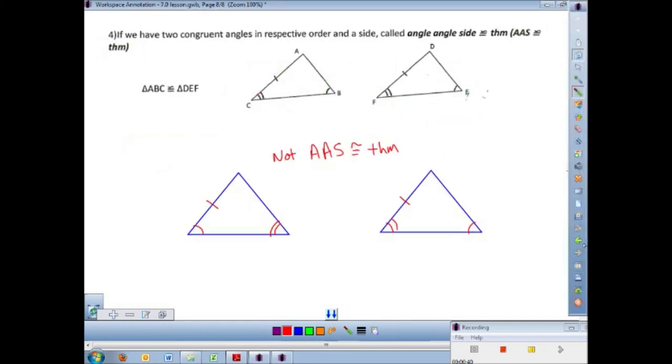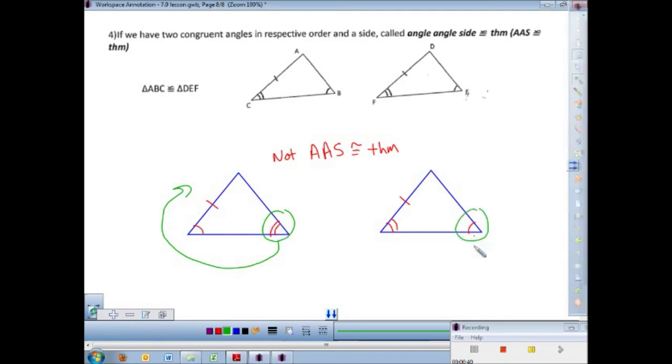Here's an example that doesn't work. If you go around the clock this way, from here to here, notice you went double arc mark, single arc mark, side, and then in the same direction around here, same orientation, the arc marks got all switched around. It went single, double, side.